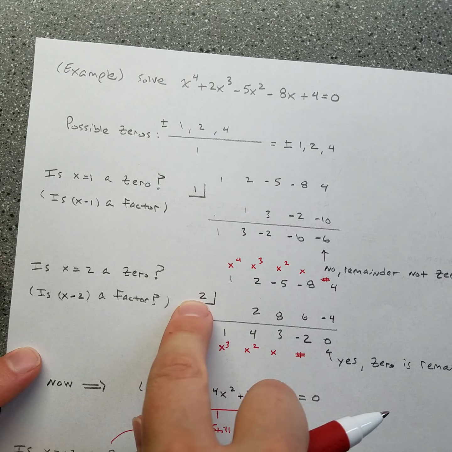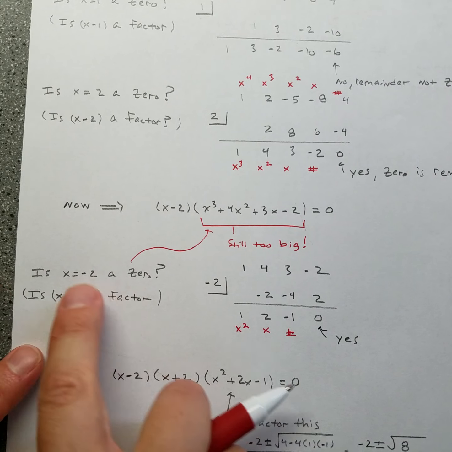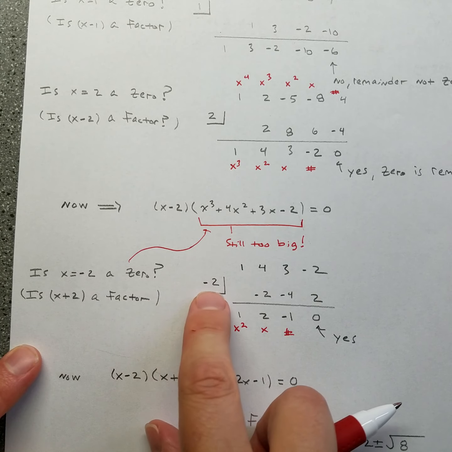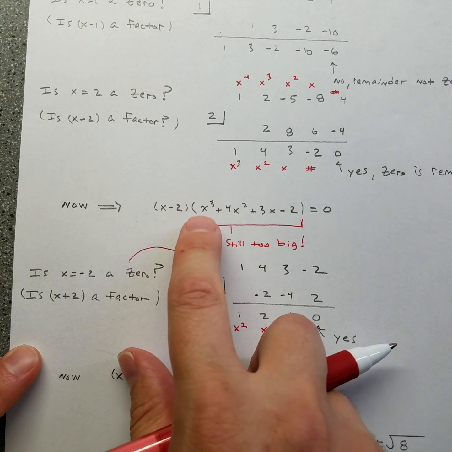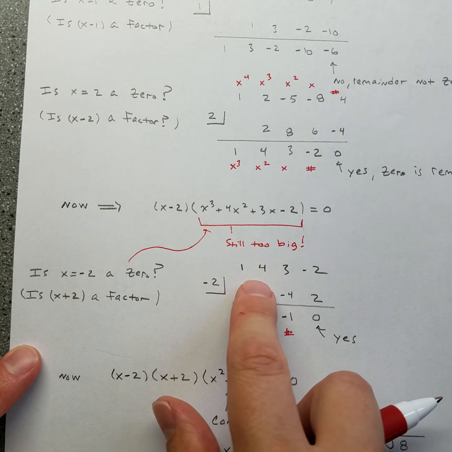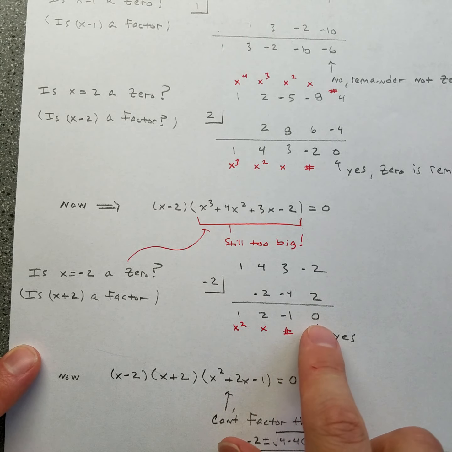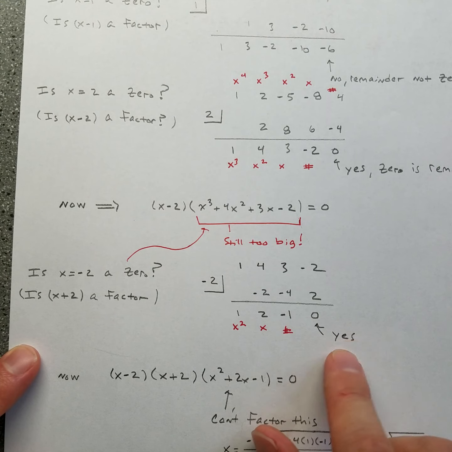I tried 2, it worked. Maybe -2. So is -2 a 0? I set up the division. Divide by x plus 2 into x to the third power plus 4x squared plus 3x minus 2. And I divided and I got 0 for remainder, so yes.